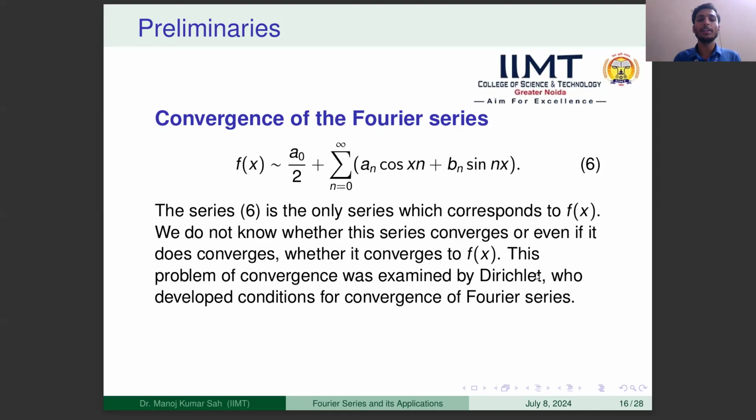If you are not aware here, you have no knowledge that the right hand side of equation 6 will converge or not. Even if it is convergent, whether it converges to f of x, there is a question mark.